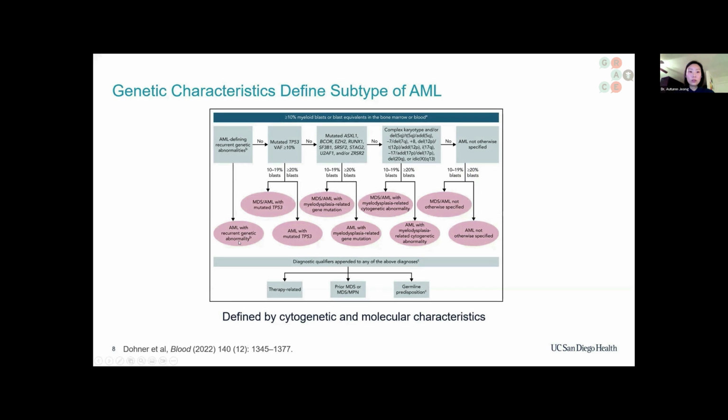To name a few, there will be AML with recurrent genetic abnormality, AML with mutated TP53, AML with myelodysplasia-related gene mutation, AML with myelodysplasia-related cytogenetic abnormality, and AML not otherwise specified. And these are all defined by their genetic characteristics.